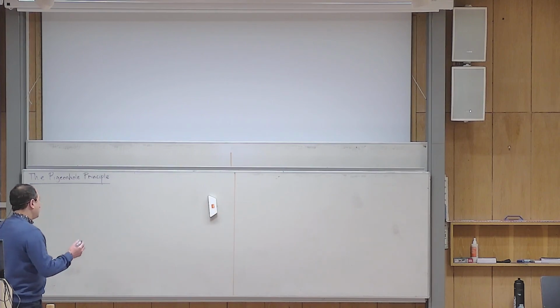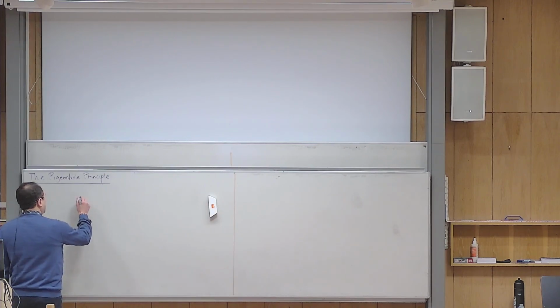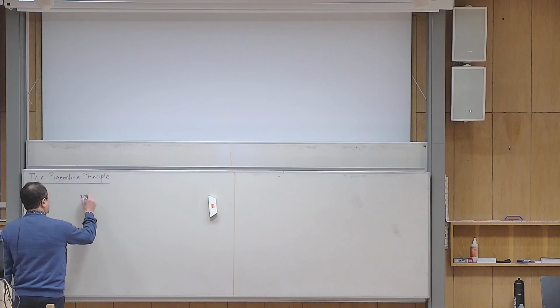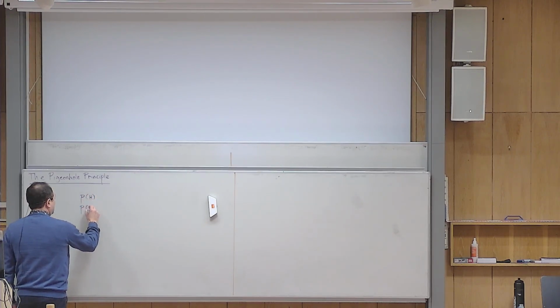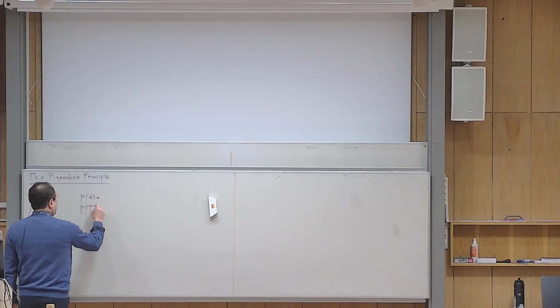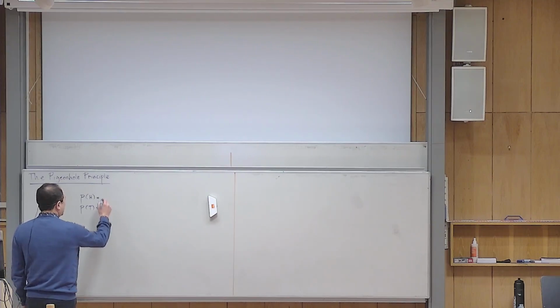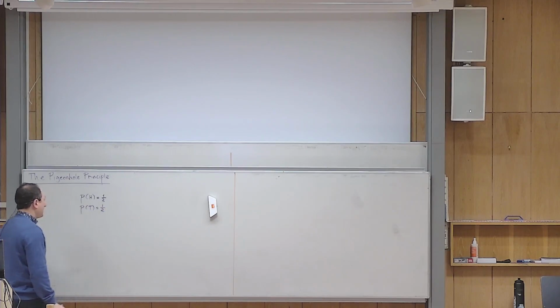If I have one coin, the probability of it turning out to be heads or tails are equal if that's a fair coin, meaning the probabilities are the same, so you expect that this is 1/2 and that's 1/2.